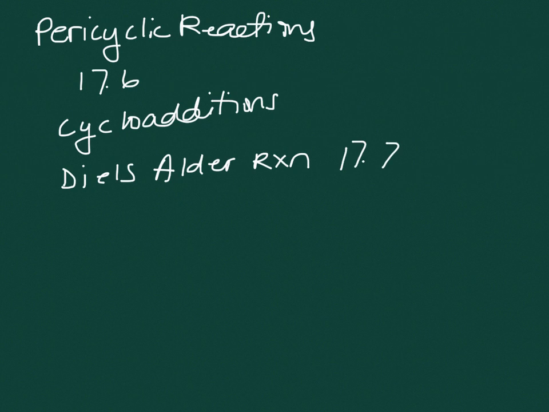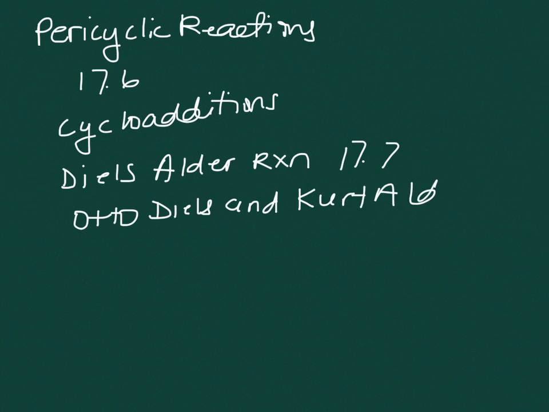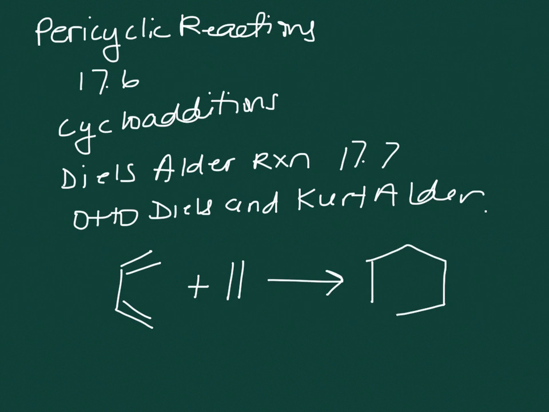Now the Diels Alder reaction was discovered by Otto Diels and Kurt Alder. And in this reaction we have a conjugated diene plus a dienophile, and we are going to make a cyclohexene product.